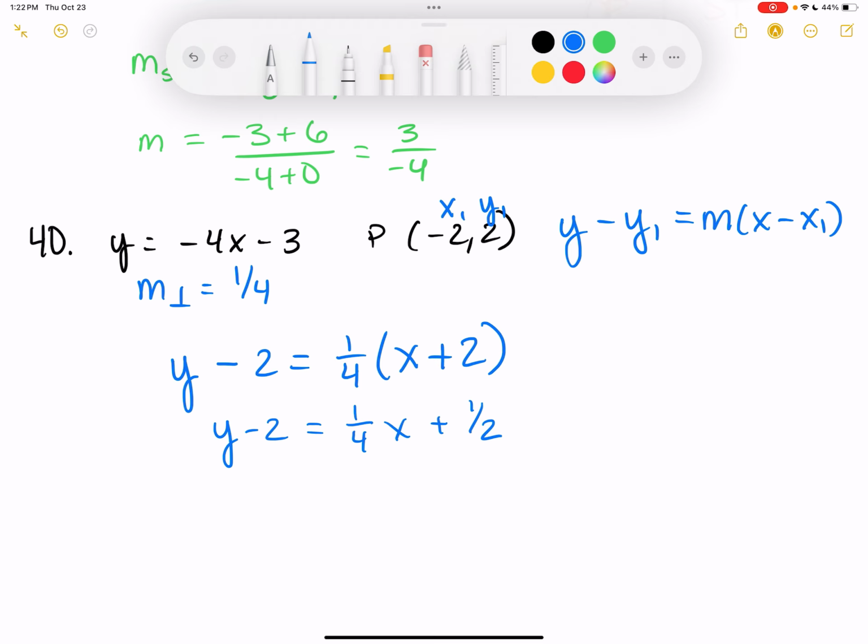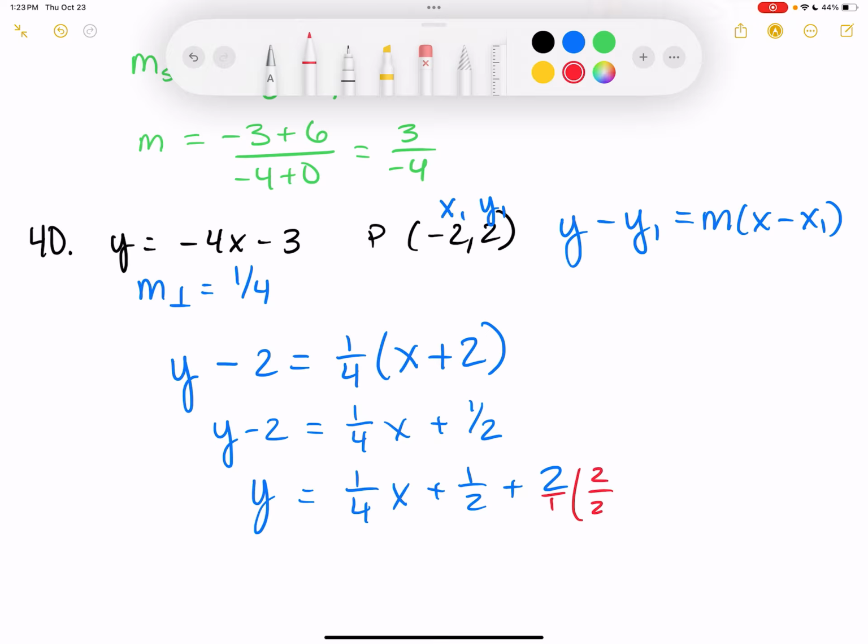Need to add this 2 over here. So y equals 1/4 x plus 1/2 plus 2. How do I get this so that I can add the 2 to the 1/2? You put it over 1. I need to get a common denominator. How do I get a common denominator?